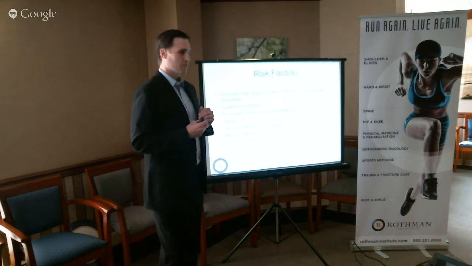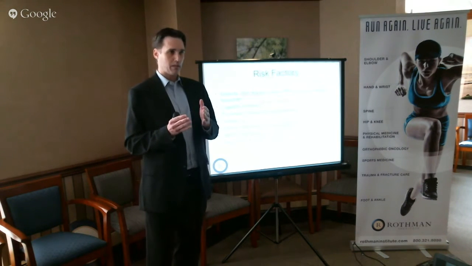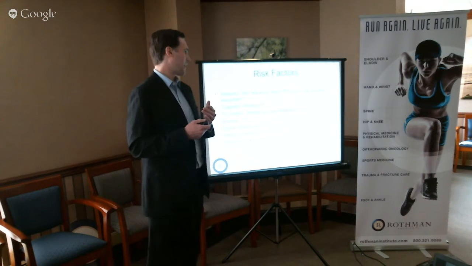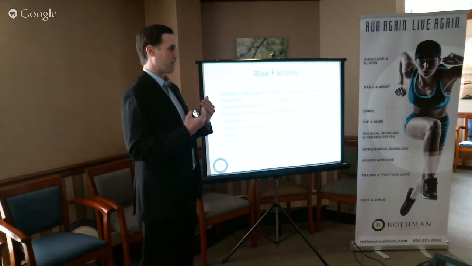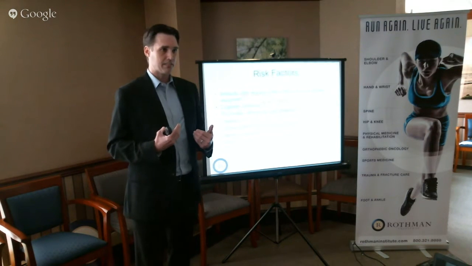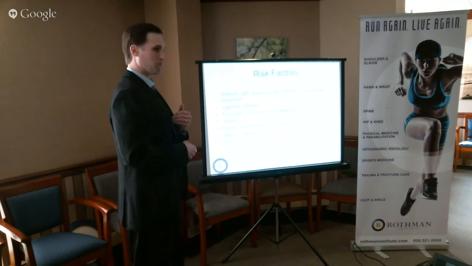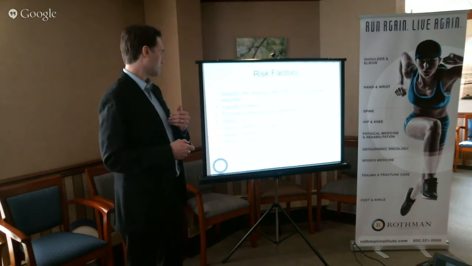So what are your risk factors for developing back pain and also a lumbar radiculopathy or sciatica? Well, anybody that does a lot of heavy bending and lifting is at risk of having disc problems in their back, and therefore disc herniations and sciatica. People that smoke have a higher risk of disc disease in their back, and also sciatica.